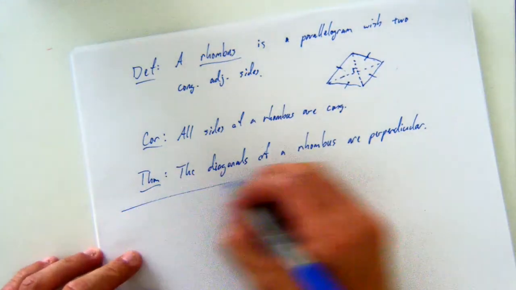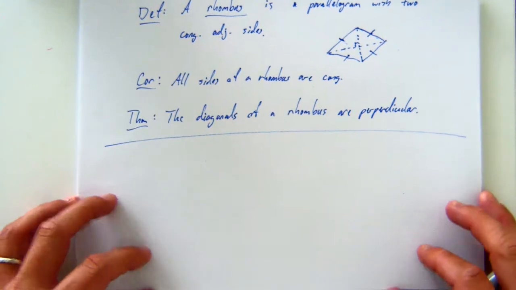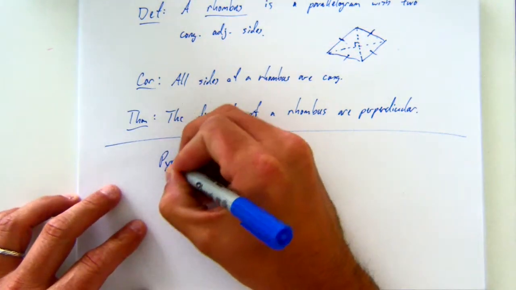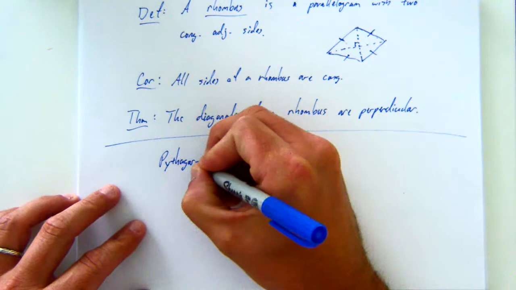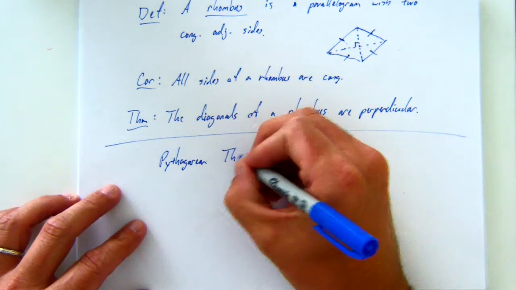Also, finally, in this section, we do revisit the Pythagorean theorem. I think we've already covered it a little in the past.